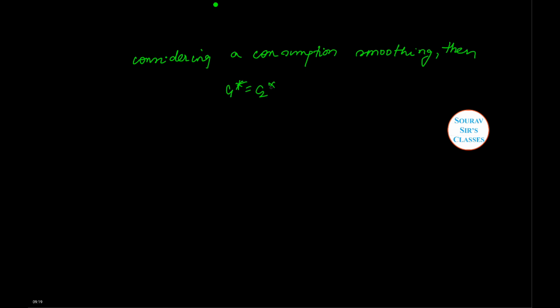So considering consumption smoothing, we have C1 star equal to C2 star equal to 1 plus R times Y1 plus Y2 by 2 plus R. This will be the answer.